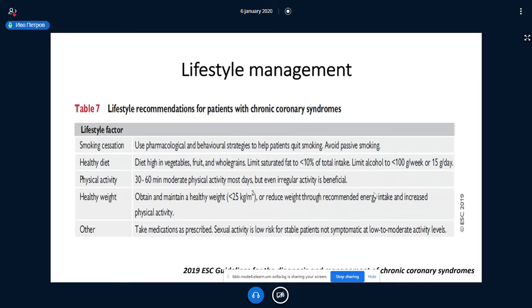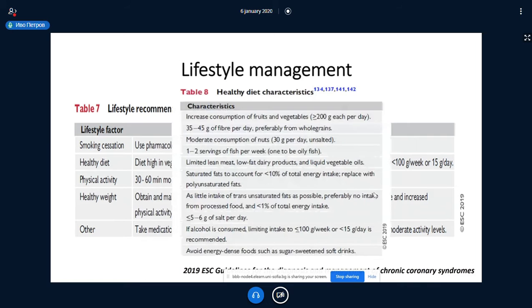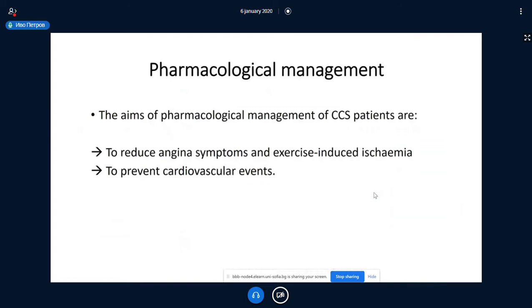And of course, if with these changes the patient still has complaints with slight and mild physical exertion, the patient has to be medicated. What about the medication?